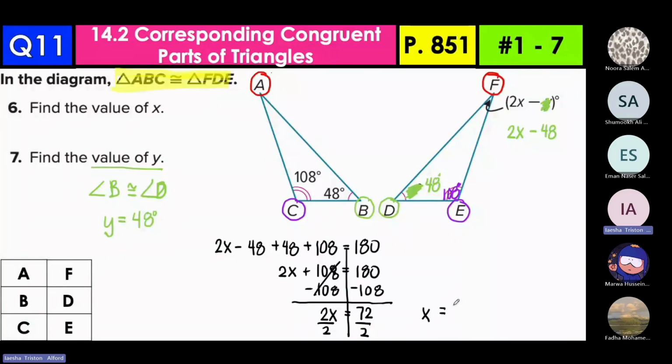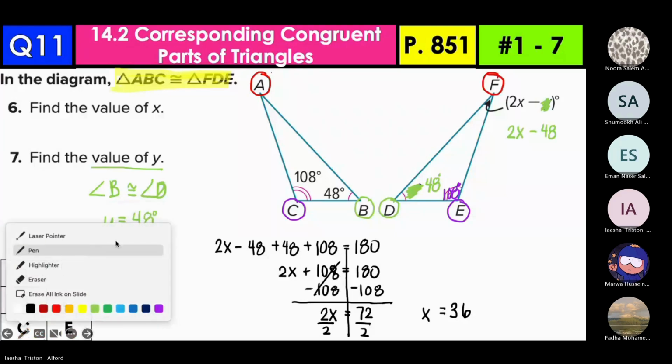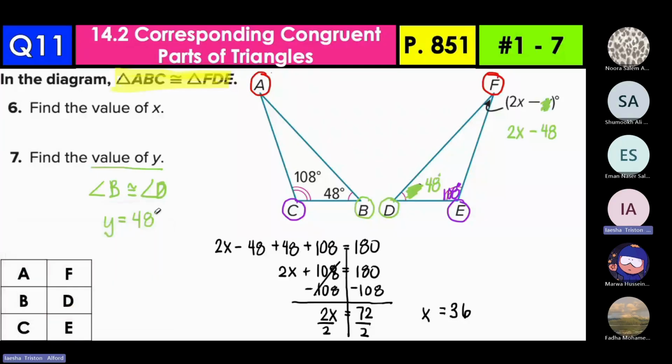X is going to be equal to 36. Done. Degrees here. So that's questions 6 and 7. You're okay about that? Yes.